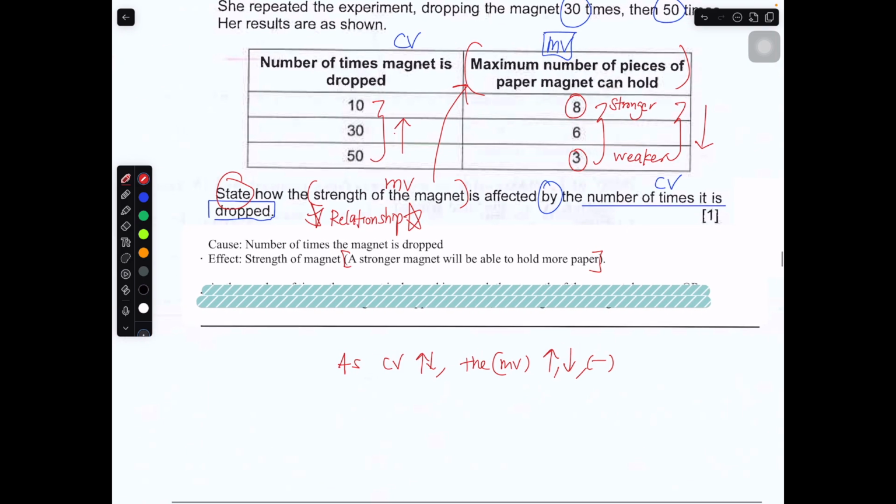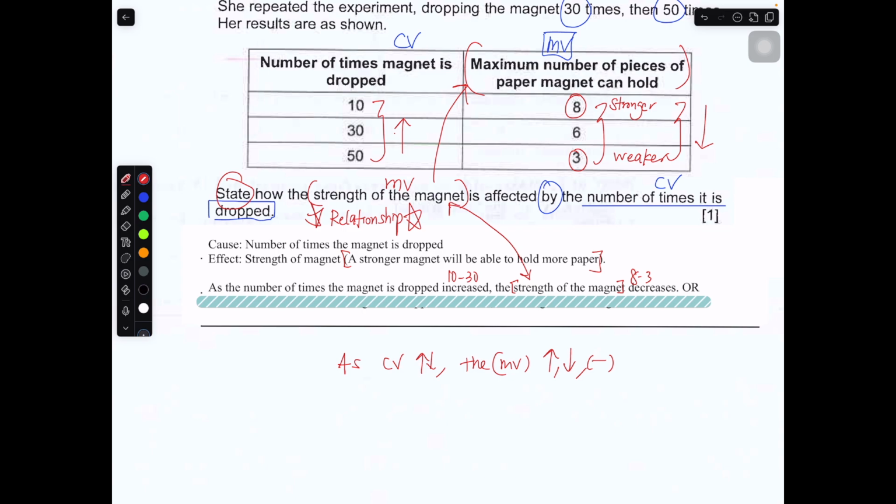So for this part, it's either number 1: as the number of times the magnet is dropped increases, from 10 to 30, the strength of the magnet decreases, from 8 to 3. From more paper it can hold to less paper it can hold. But you have to use this because the question is asking about the strength of the magnet.